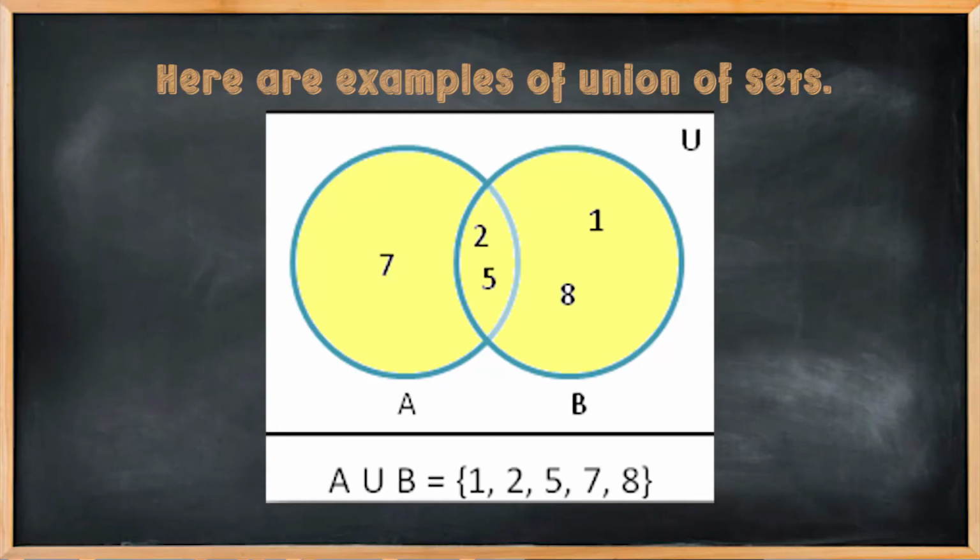So the members of A union B are 1, 2, 5, 7, 8. Now, I'm sure you would have picked up that no member was repeated. 1, 2, 5, 7, 8 are the members of A union B.